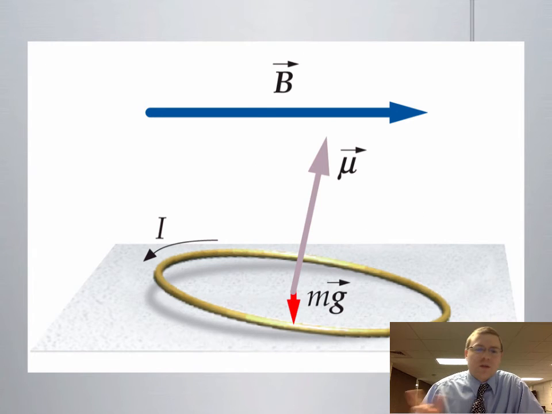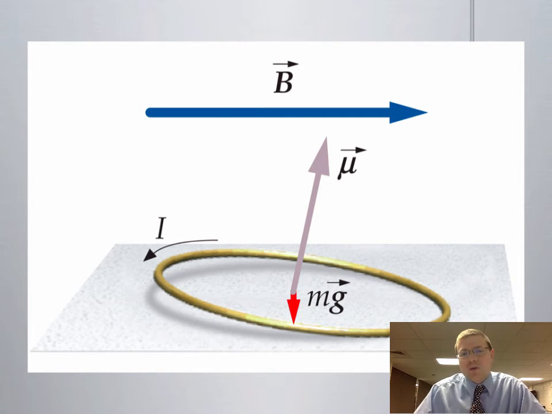So if you look at this one, if you see that current loop there, you can see I've got current heading in the counterclockwise direction. If I want to know the direction of the dipole moment, you can put your thumb in the direction of current and wrap your hand around, kind of like our first right hand rule for finding magnetic fields. So what we have here is a magnetic field pointing up straight through the middle of that loop.